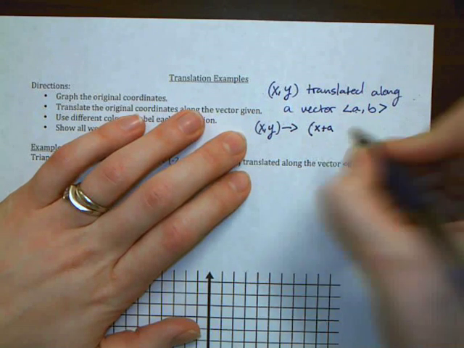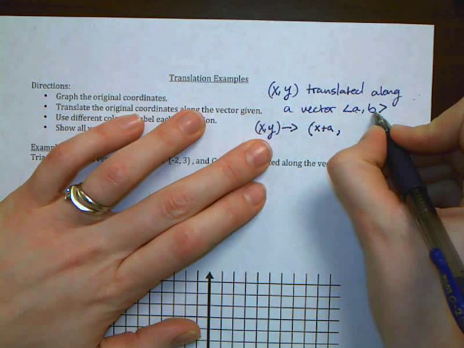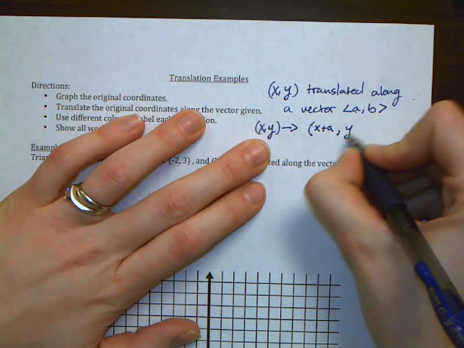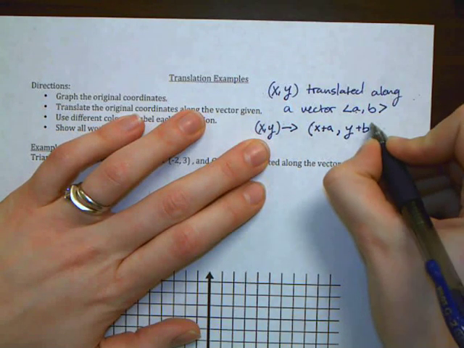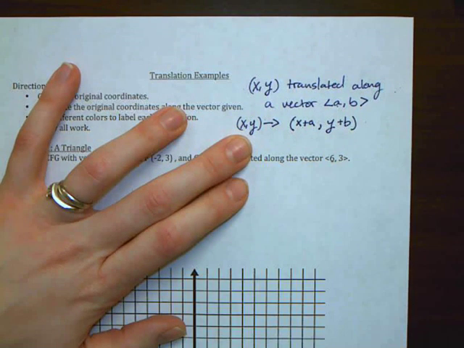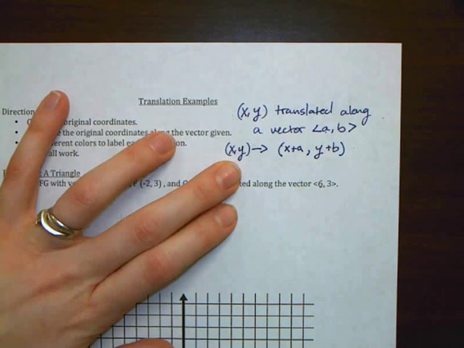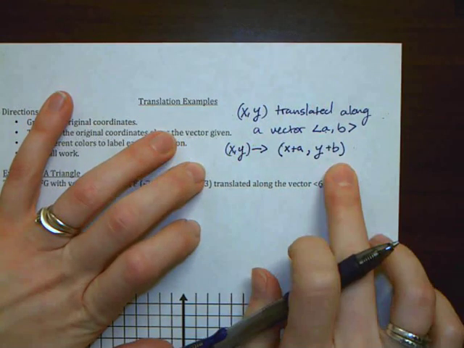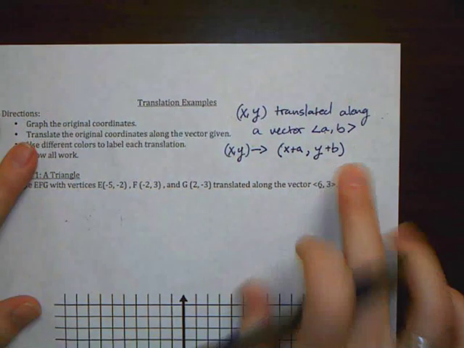That's going to be your horizontal shift. And then you will add your B value to your Y coordinate, and that will serve as your vertical shift. And that will be your new ordered pair. So pause the video if you need to. Go ahead and get that rule written down. It's very important.